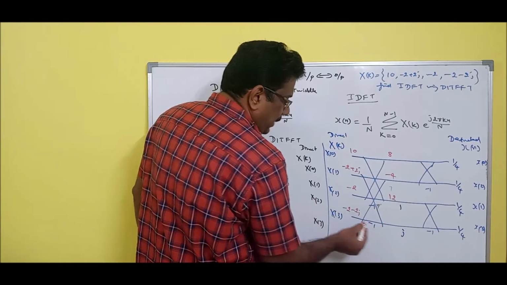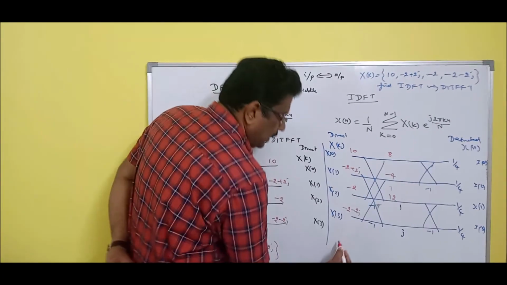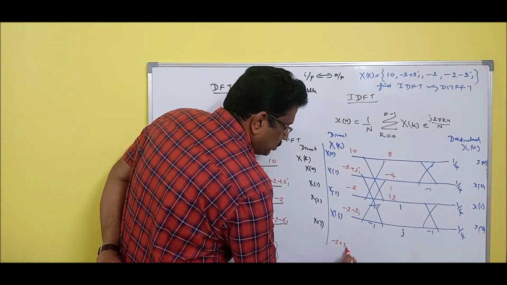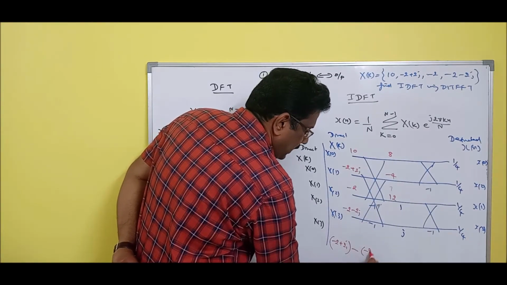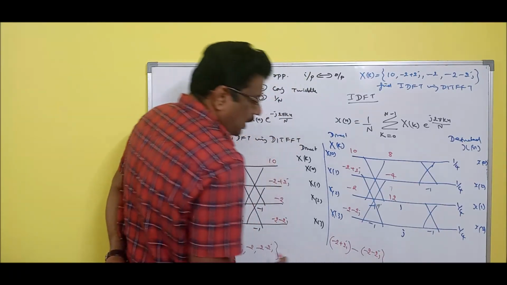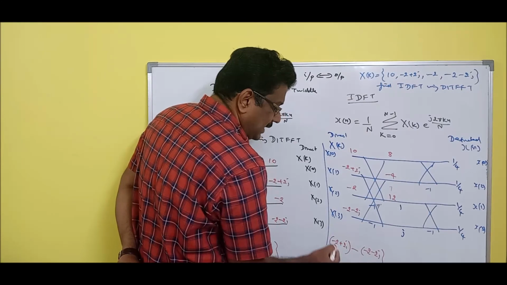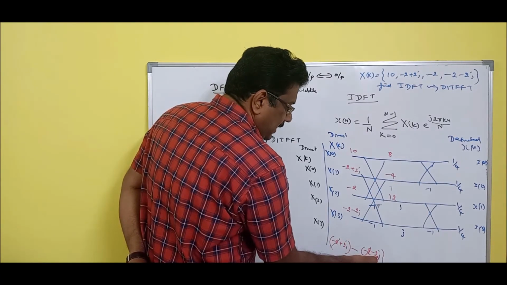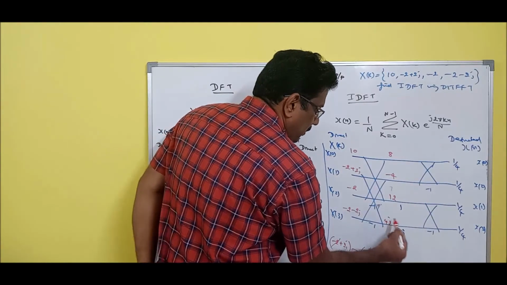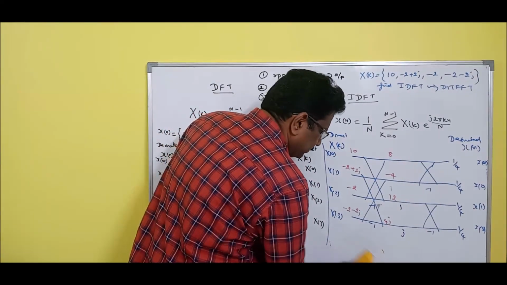Next, these two terms I have to subtract. Minus 2 plus 2j minus minus 2 minus 2j. What about the real numbers? Minus 2 minus minus 2 cancels, real number will cancel. Plus 2j minus minus 2j, so the answer should be 4j. So we made this particular calculation.